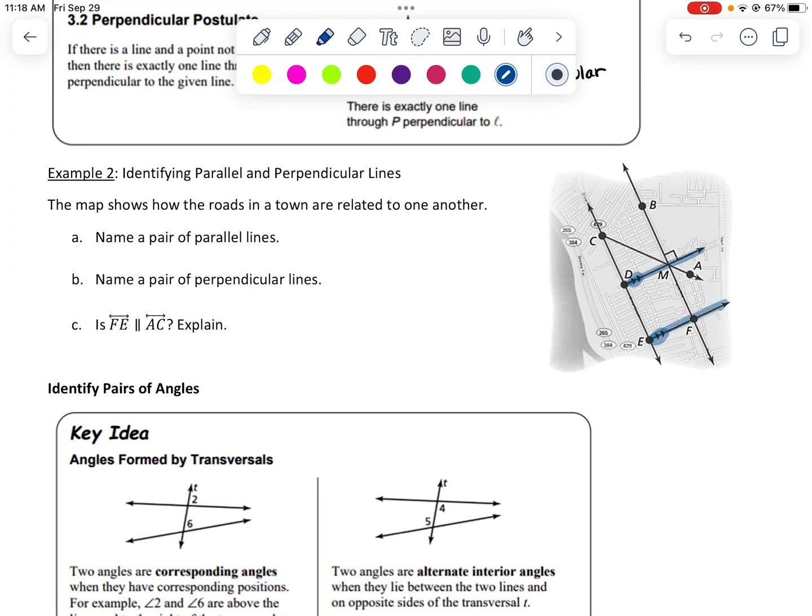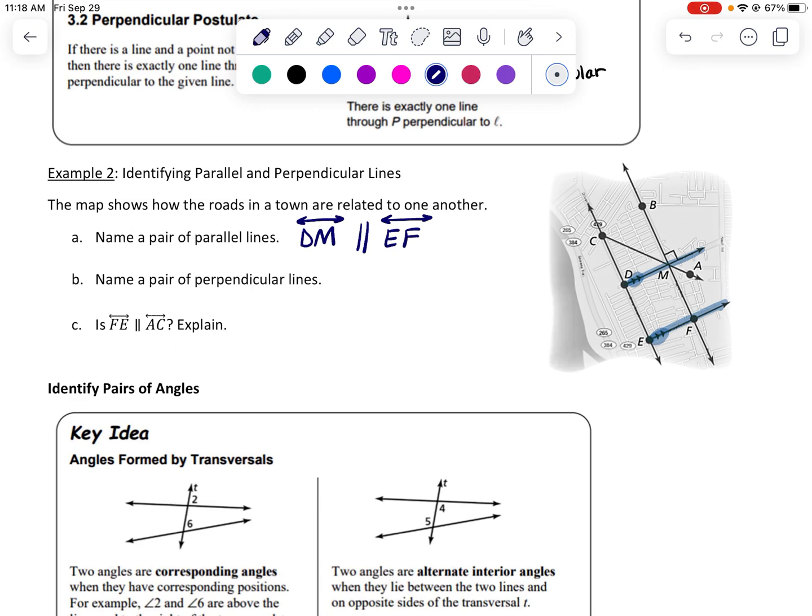Now they look like rays, but we can name them lines because lines go on forever. And so make sure you use that correct notation. So I'm going to say line DM is parallel to line EF.